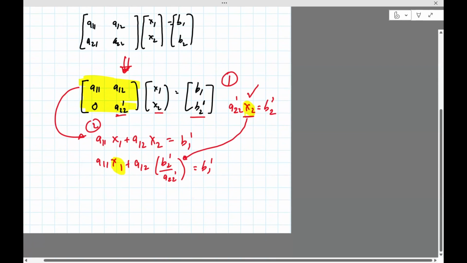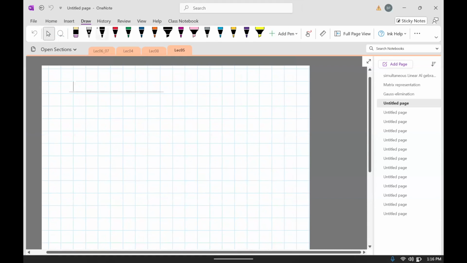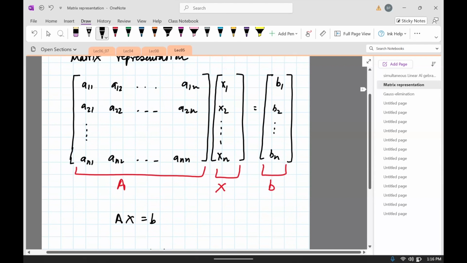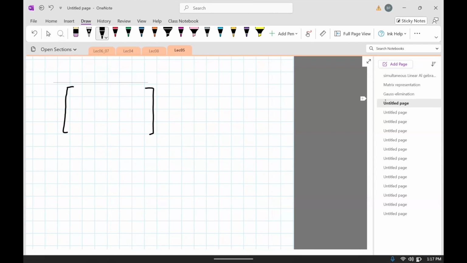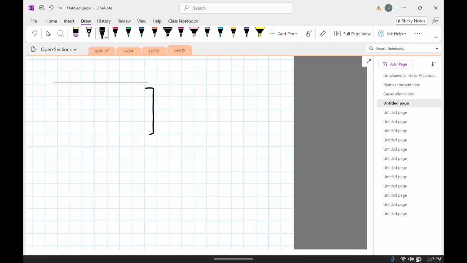So you could take this idea and go to any dimension. If you have a big matrix like the one I showed here, something n by n, what you do in successive steps is try to reduce it to a square upper triangular form.